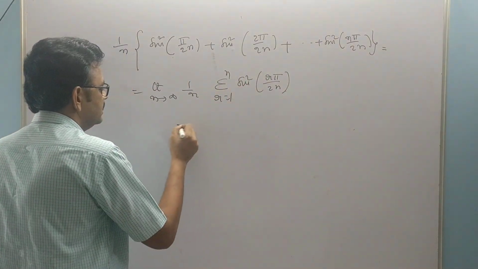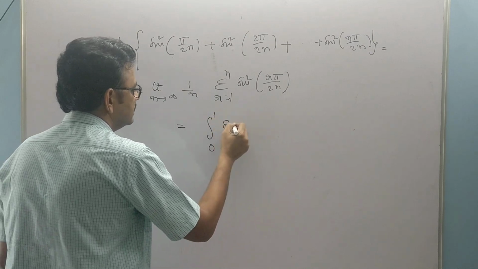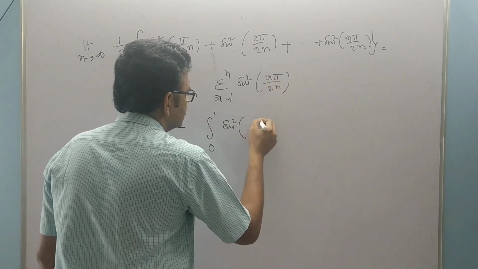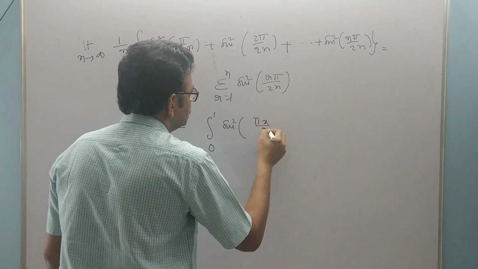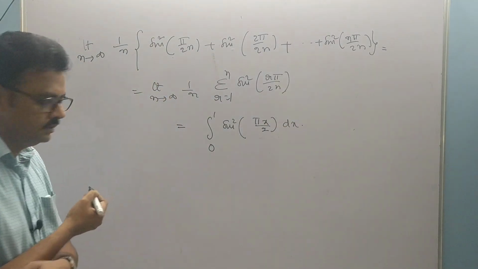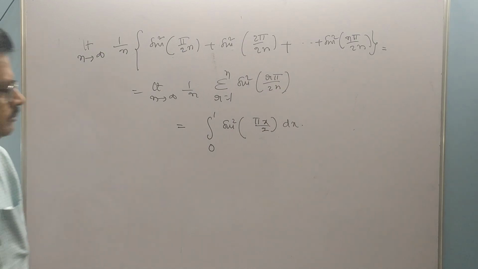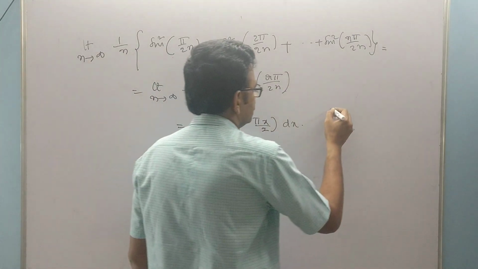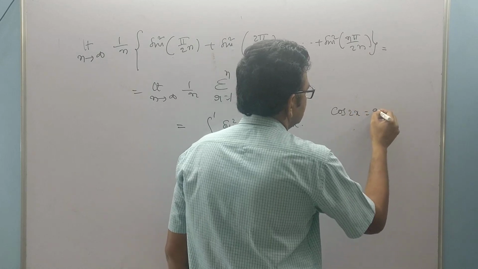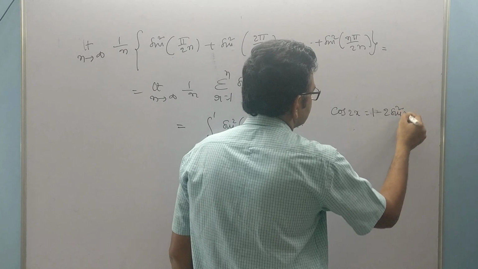So this is directly the integral from 0 to 1, of sin square, where r by n is x, so this is sin square pi x by 2 dx. You know the cos 2x formula: cos 2x is 1 minus 2 sin square x.